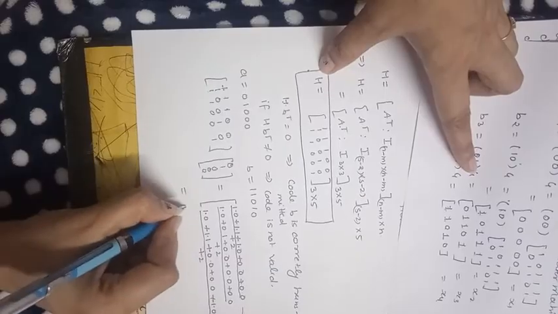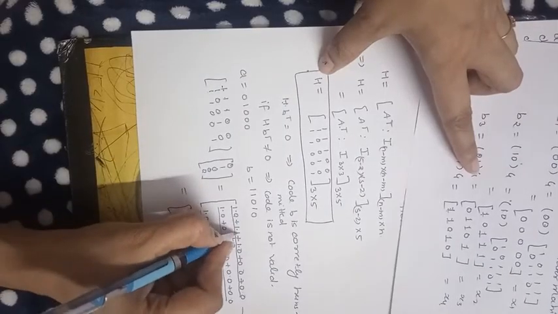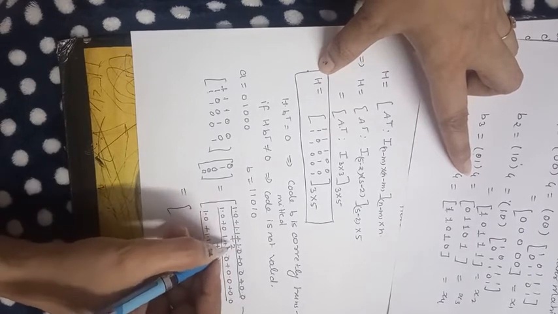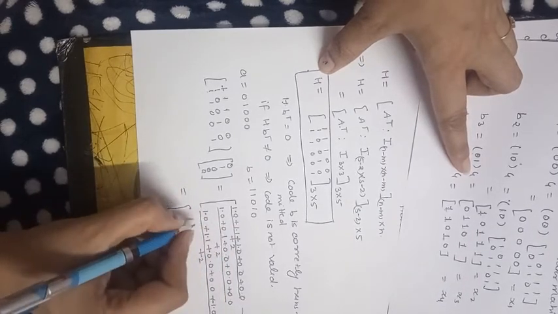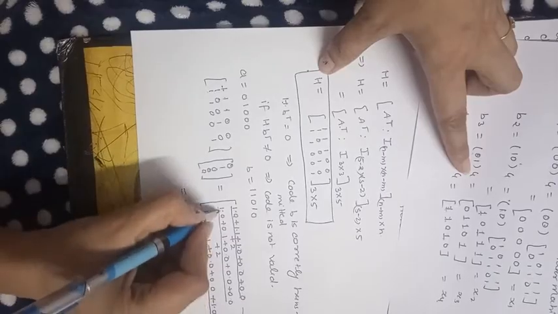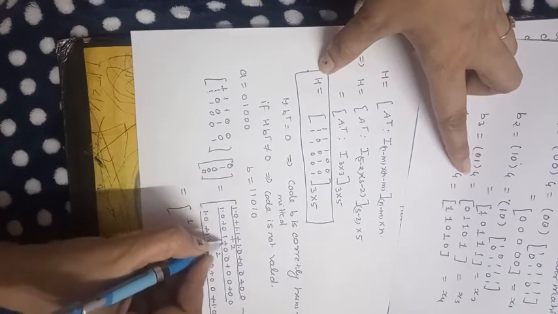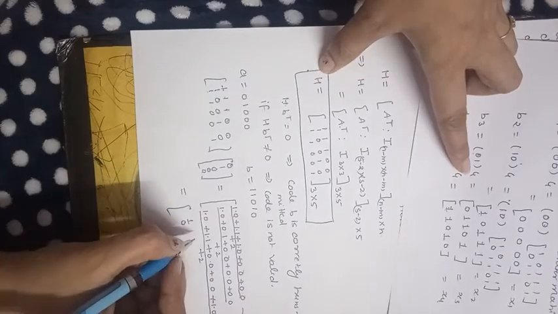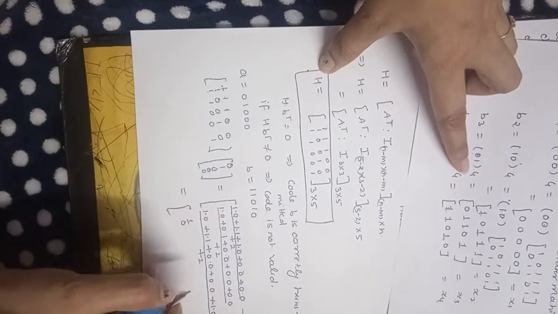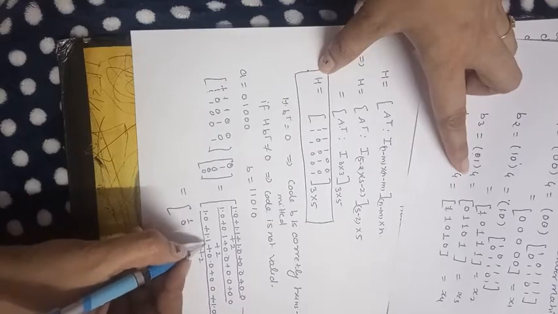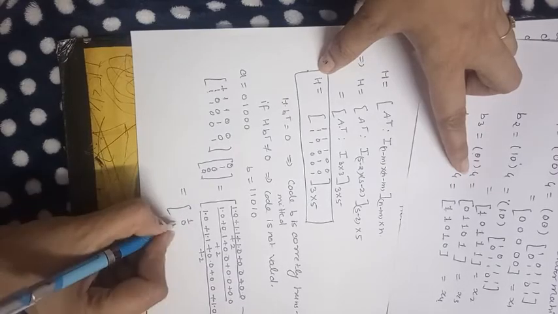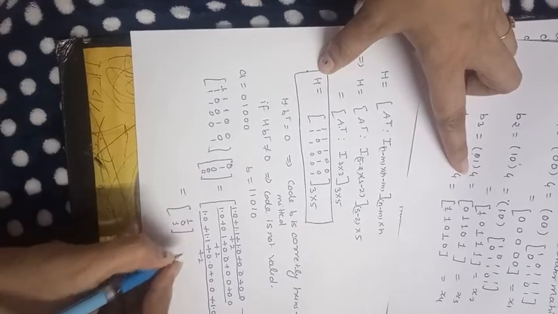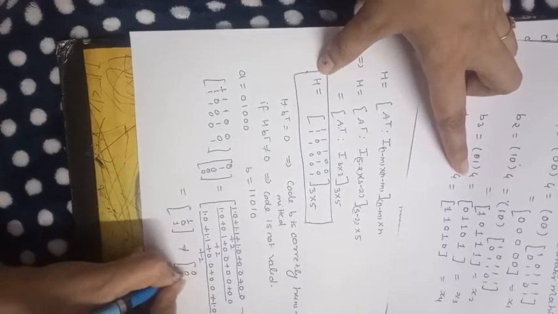What will you get? In that case, 0 plus 1 plus 0 plus 0 plus 0, that means 1 upon addition modulo 2, the remainder of this is equals to 1. Second line 0 plus 0 plus 0, all 0, that means you will get 0 here. And last line 0 plus 1 plus 0 plus 0 plus 0, that means 1 by 2. What was the remainder in that case? That is equals to 1 0 1, which is not equals to 0 0 0.